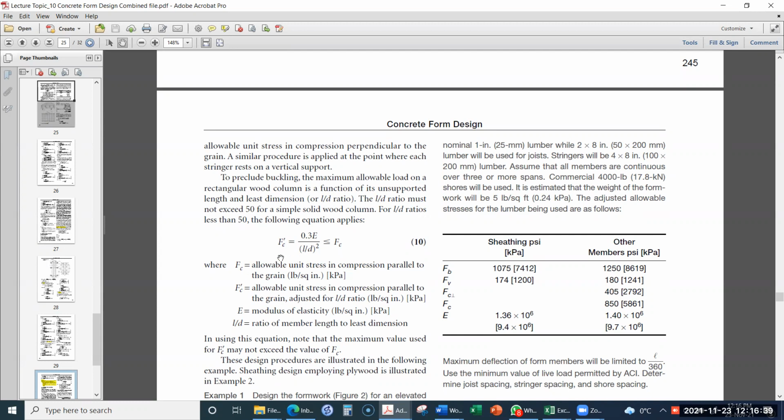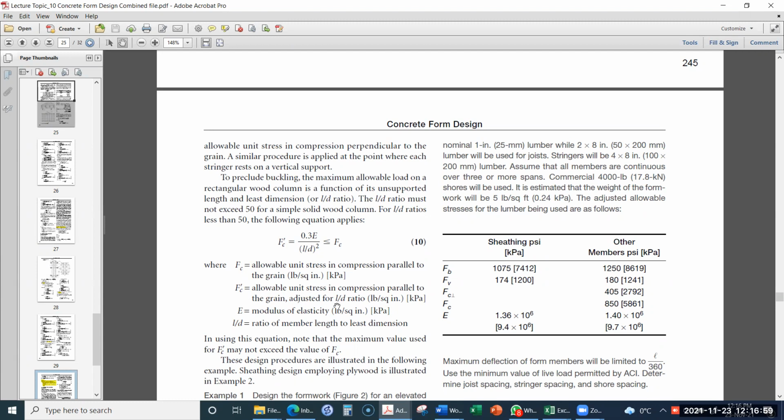So what are these values? Fc is the allowable unit stress in compression parallel to the grain. And Fc prime is the allowable unit stress in compression parallel to the grain, which is adjusted for the L over D ratio.